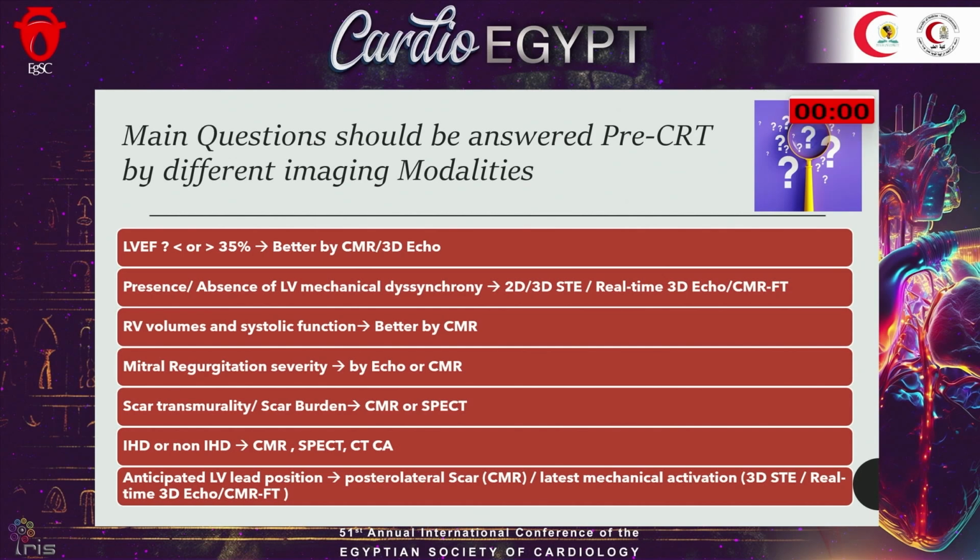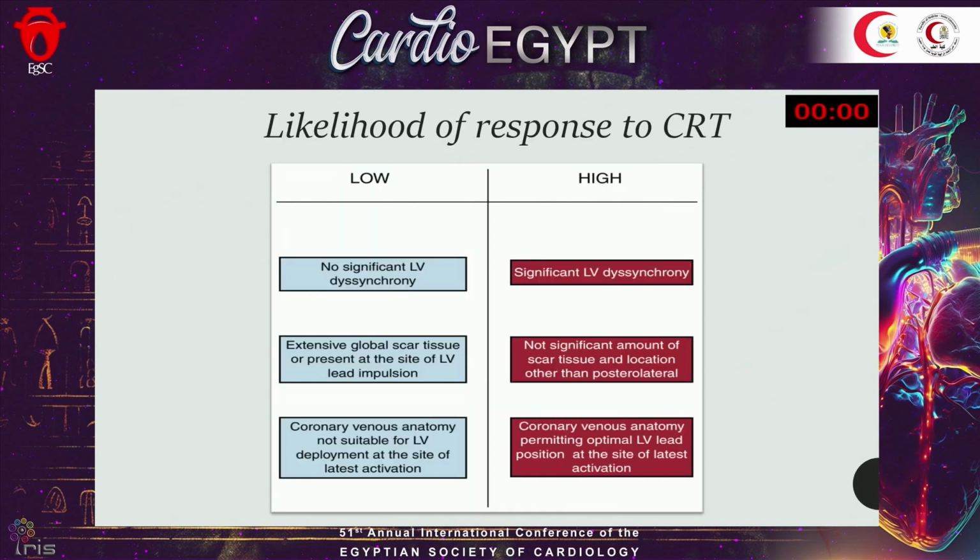RV volume and function are better assessed by CMR, mitral regurgitation severity by echo and CMR, scar transmurality and burden by CMR or SPECT, and ischemic heart disease or not by CMR, SPECT, coronary CT. Anticipate left lead positioning by posterolateral scar and latest mechanical activation, and the likelihood of responders to CRT.